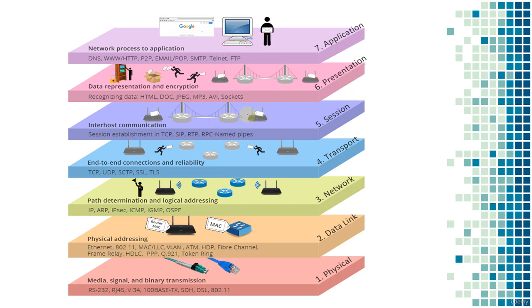Then we have the session layer. It establishes sessions using TCP, SIP, RTP, RPC, named pipes. Imagine this is one source and this is the destination, and between them we have these routers. This computer wants to communicate with that system, but meanwhile some session, or bridge, is created between these two devices.